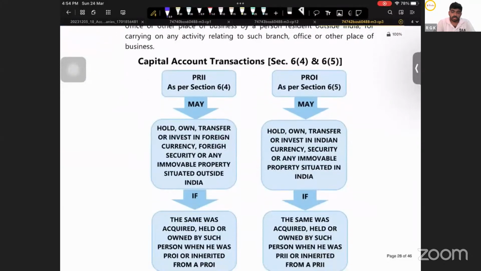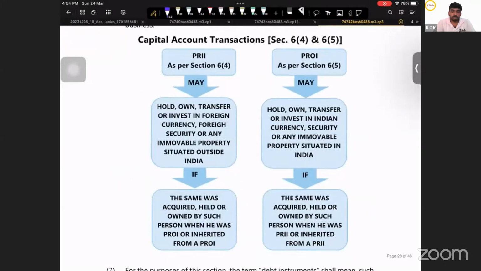Under capital account transactions, a person resident in India may hold, own, transfer or invest in foreign currency or foreign security or any immovable property situated outside India if the same was acquired, held or owned by such person when he was a person resident outside India, or he inherited it from a person resident outside India.